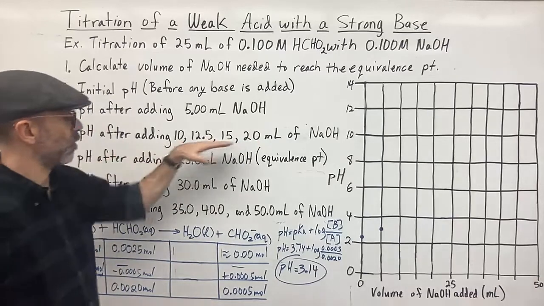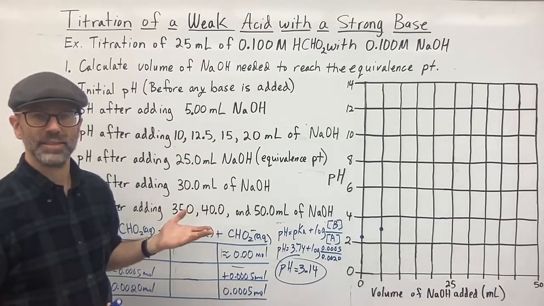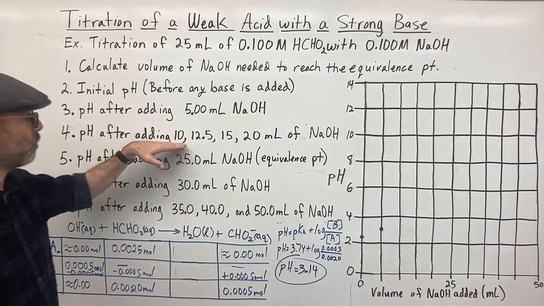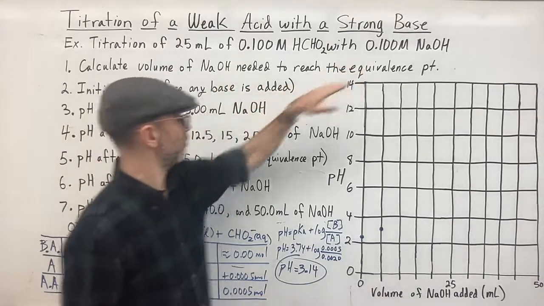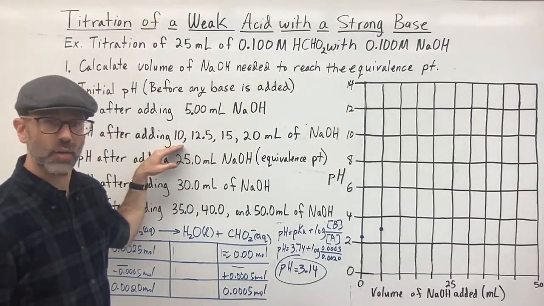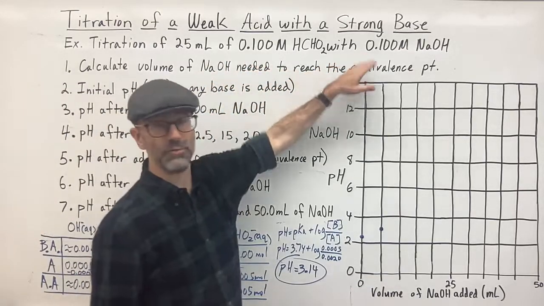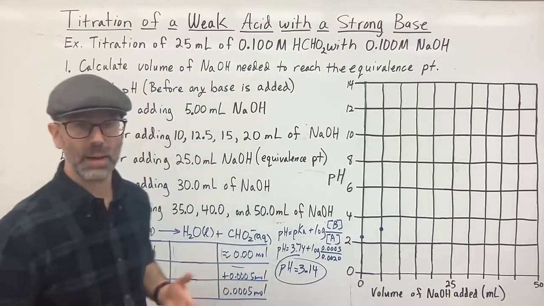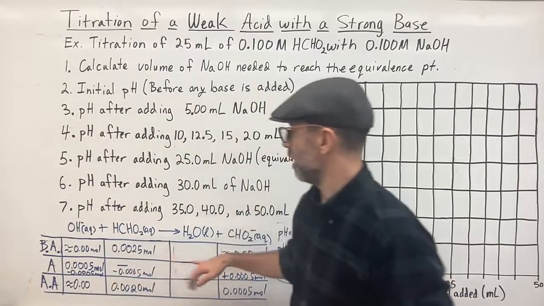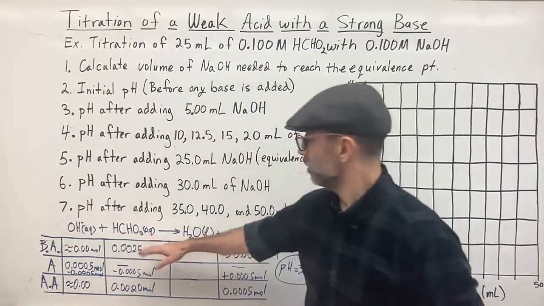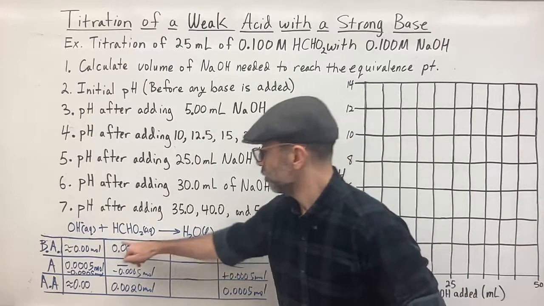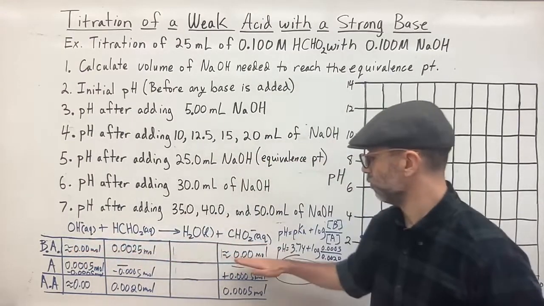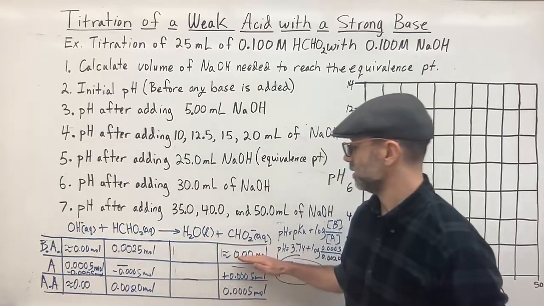Well, at these points, the process is exactly the same. So at 10, you would then figure out the number of moles of your base added. So you have 10 milliliters of your NaOH. Use the molarity to find the number of moles. Then you would do a stoichiometry table. So you would have the OH minus. This would be exactly the same before adding.